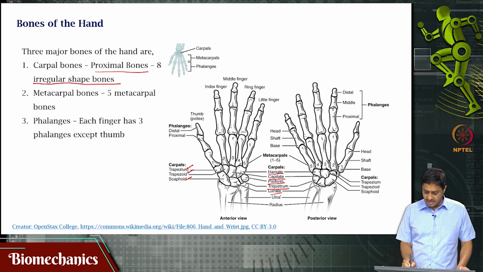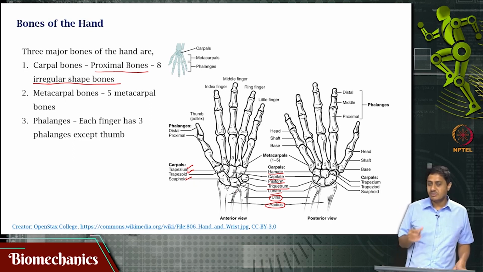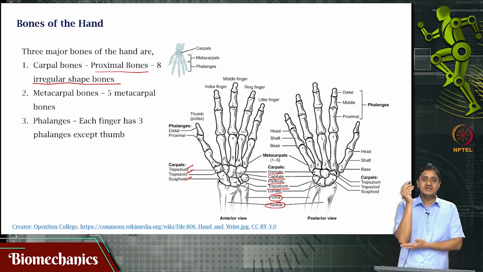Of course, you have the ulna and the radius, but these form the bones of the forearm. These are the forearm bones. So, here there will be the distal radio-ulnar joint. Remember, while we discussed the elbow, we discussed the proximal radio-ulnar joint.